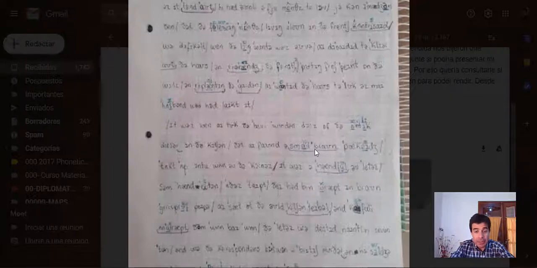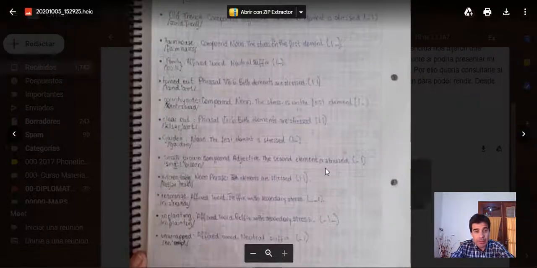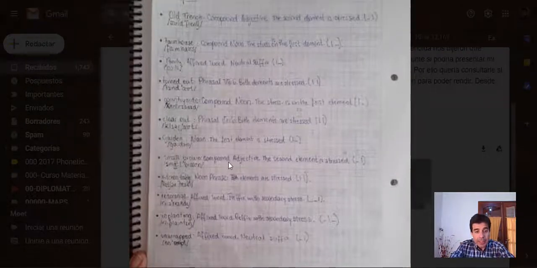Okay, it is okay that is a compound adjective, but take a look, you have a noun there. So it is a compound adjective, but the second element is not stressed there. The second element is stressed only when the compound adjective is stranded, when there is nothing else after that.